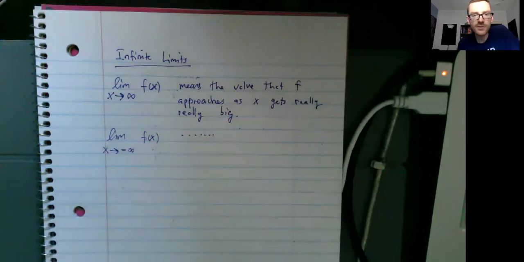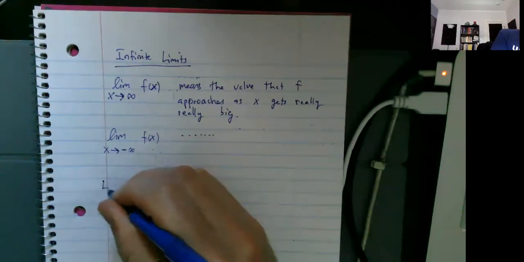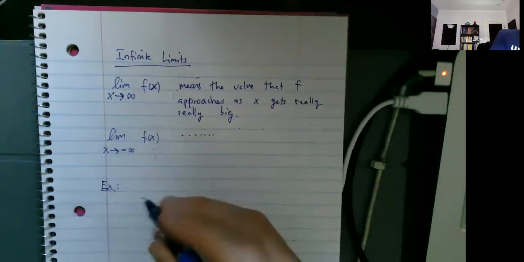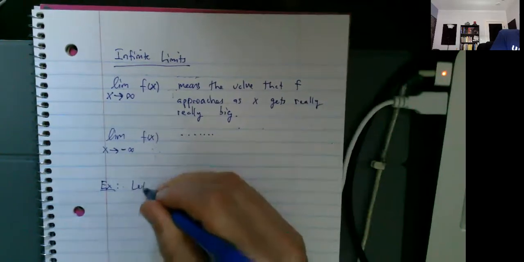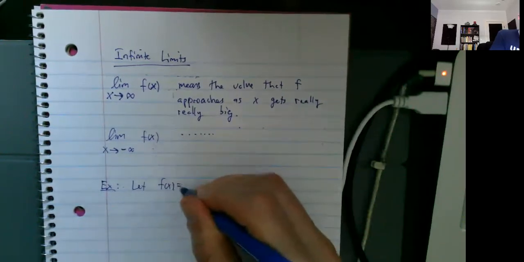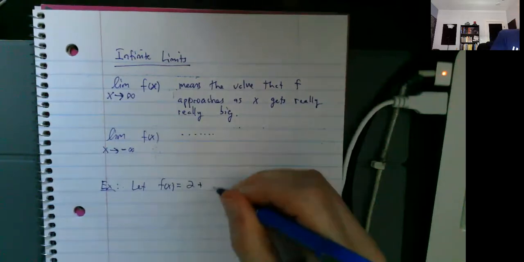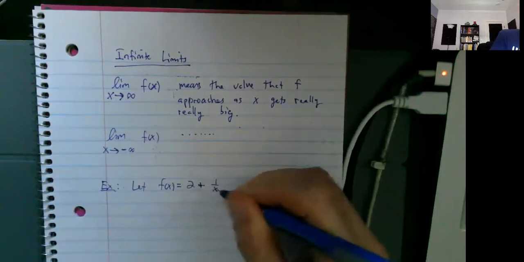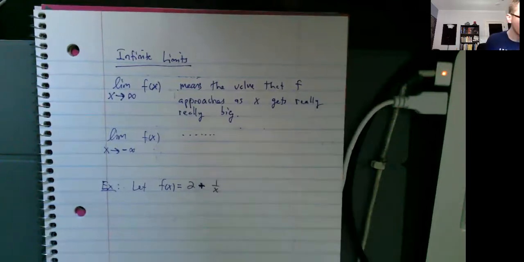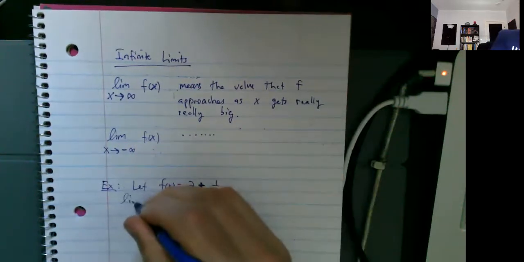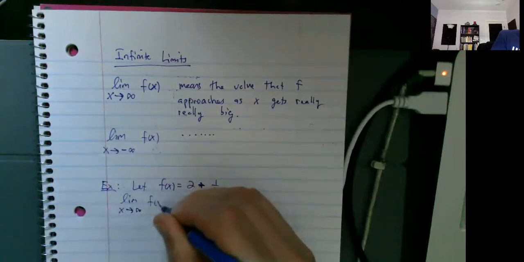So just to show you what I mean by this, and just to give you a sense, let's consider the following. Let's let f of x be the function 2 plus 1 over x. This is just some function, and I would like to compute the limit as x goes to infinity.